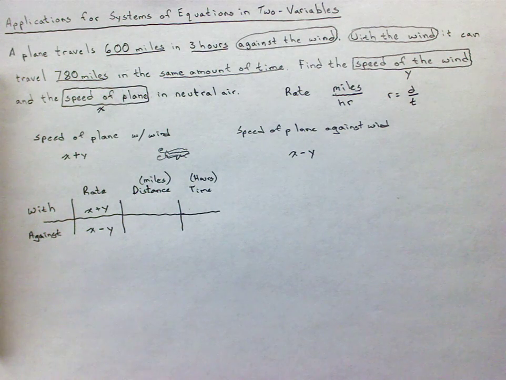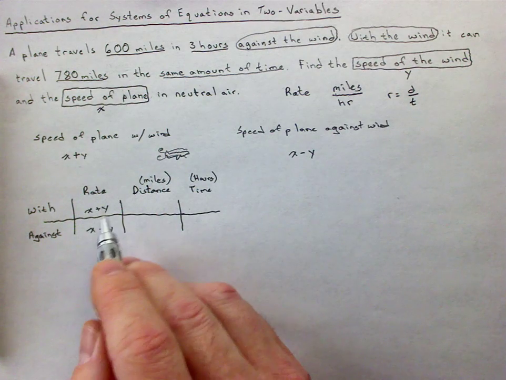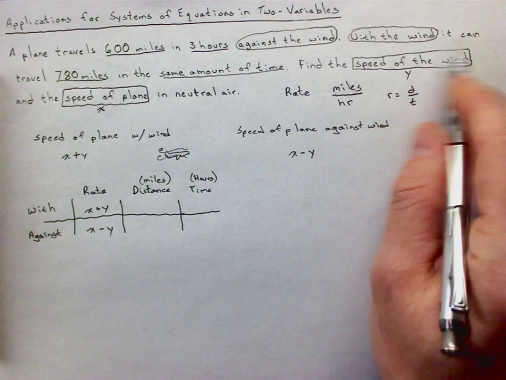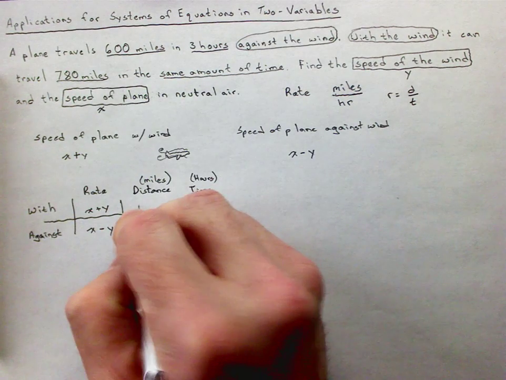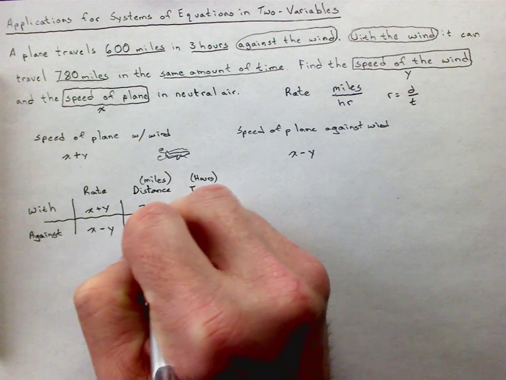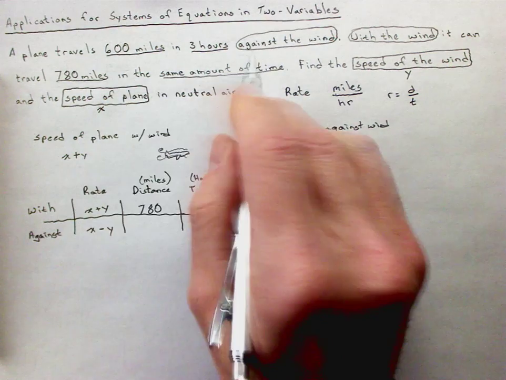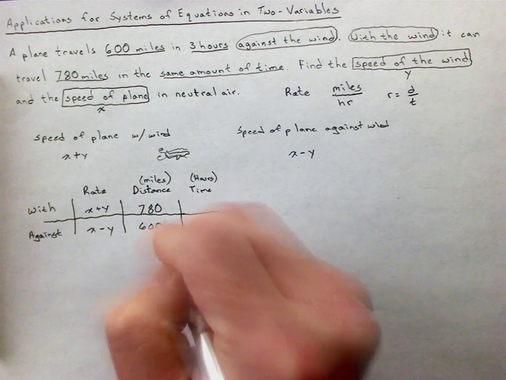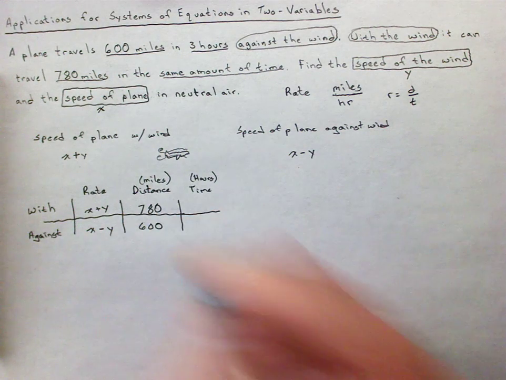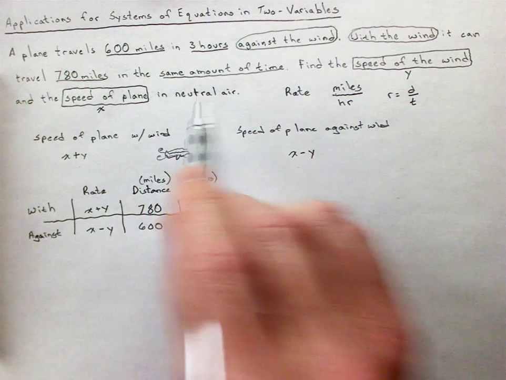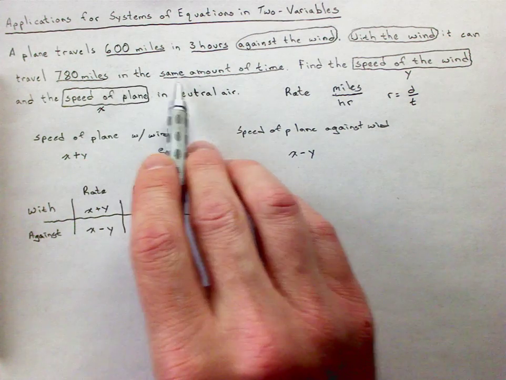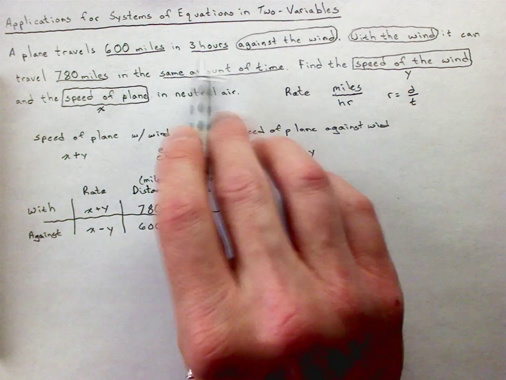My distances: with the wind, 780 miles. Against the wind, 600 miles. Time traveled: it traveled 780 miles in the same amount of time. What was that time? 3 hours.